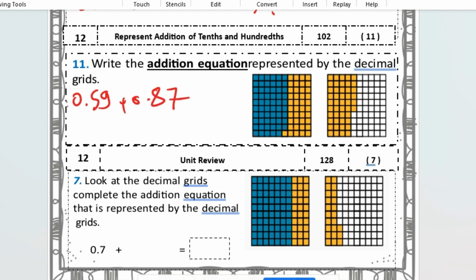So we have 59 blue squares and 87 yellow squares. The answer will be 1.46 in total. Here we have 70 blue squares and how many yellow squares? We have 53, so it's 0.53, and the answer will be 1.23 in total.